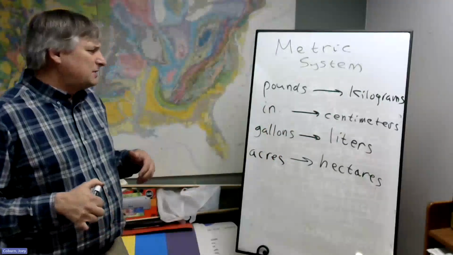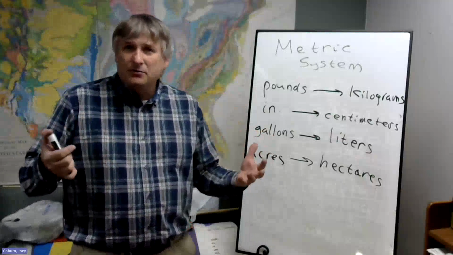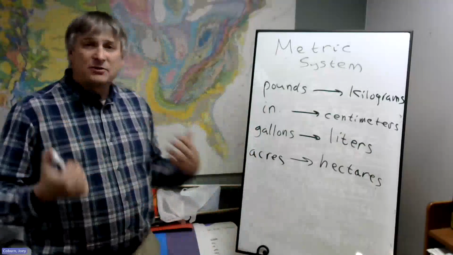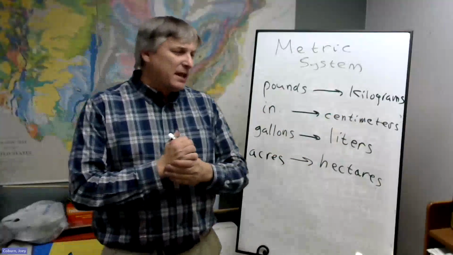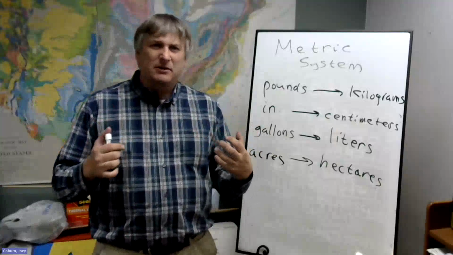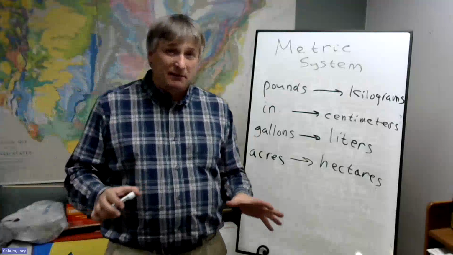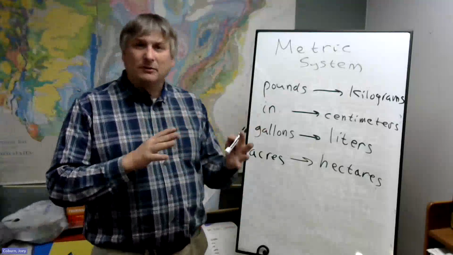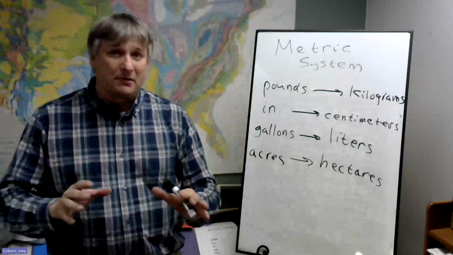You could measure the distance from here to, say, Vaughan using miles, or you could use kilometers if you wanted to. You can measure your weight in kilograms, and you could measure your weight in pounds. And the results you're going to get are going to come out slightly different. 10 pounds is not the same as 10 kilograms. So with the metric system, things are going to be a little different, but it measures the exact same things that we measure in the US system.